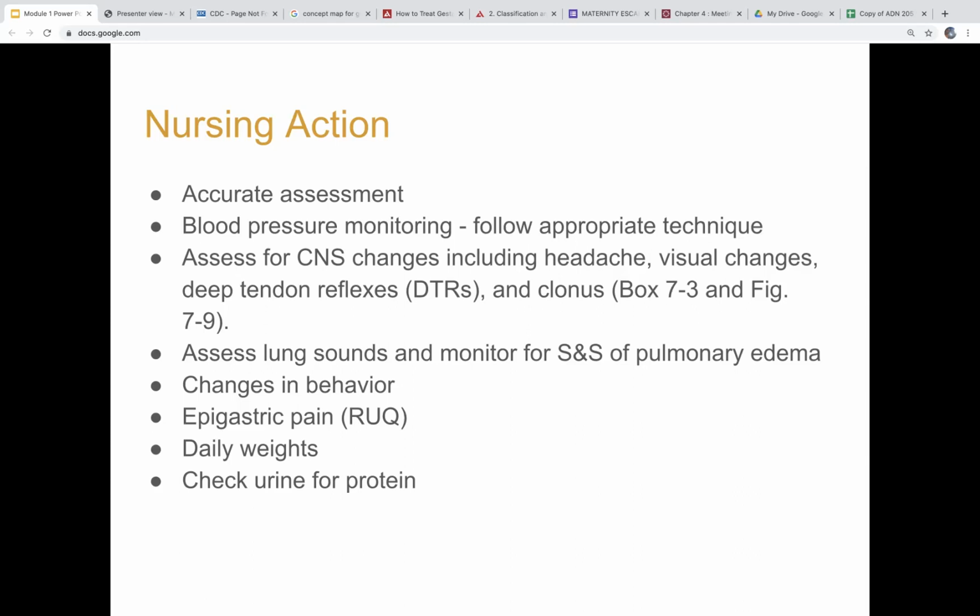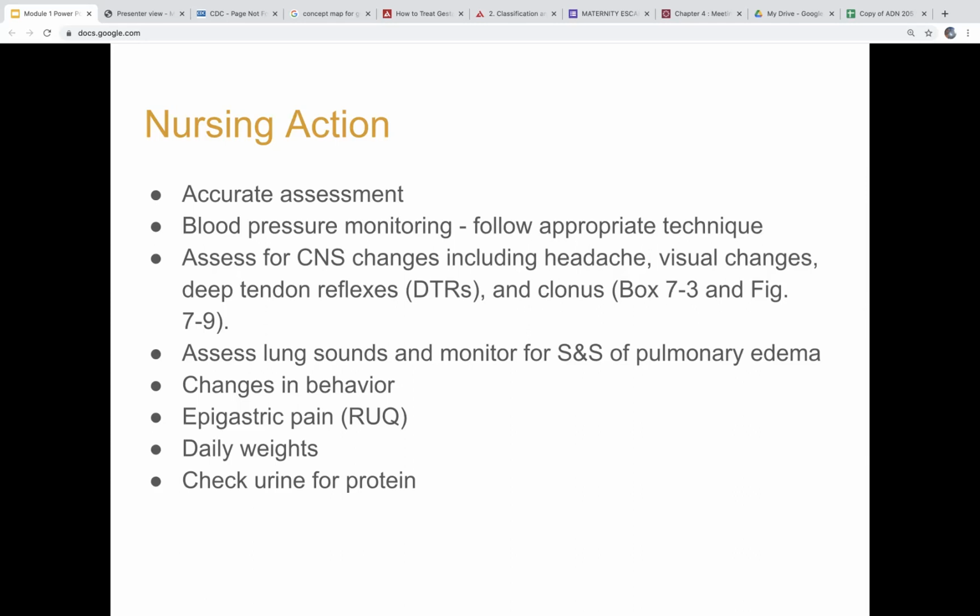So anyway, this is an absolute medical emergency, preeclampsia. So accurate assessment, blood pressure monitoring. Remember what we talked about. Assess for CNS changes, headache, visual changes, changes in deep tendon reflexes. Your book goes over that in box 7.3 and figure 7.9.